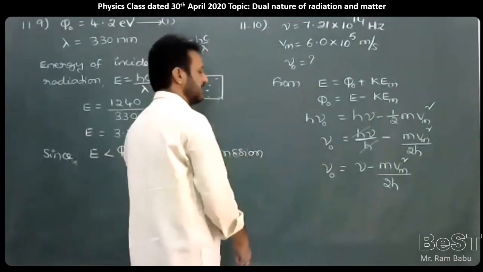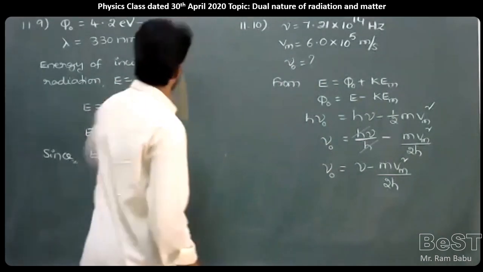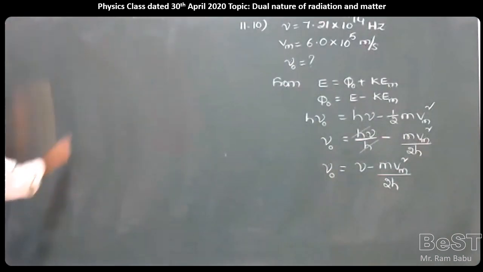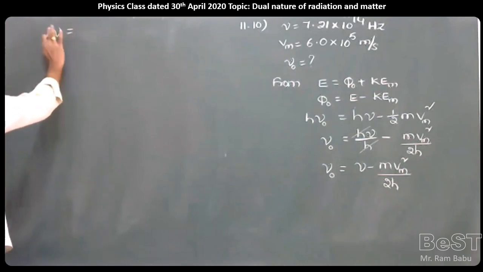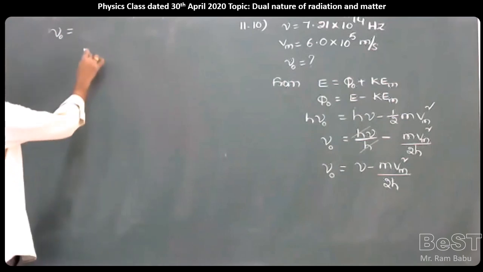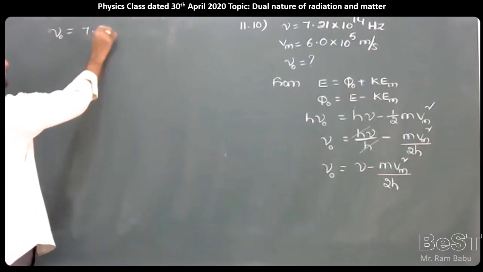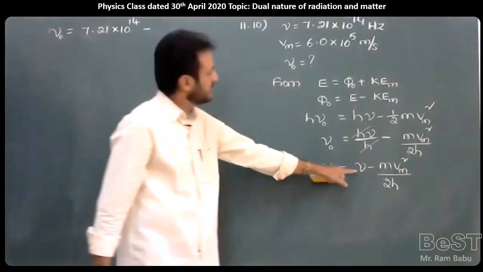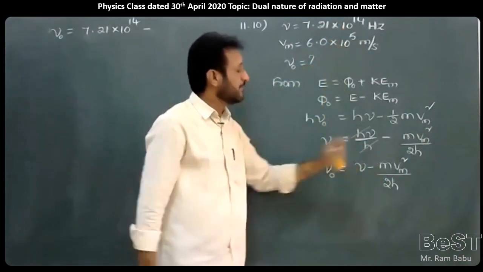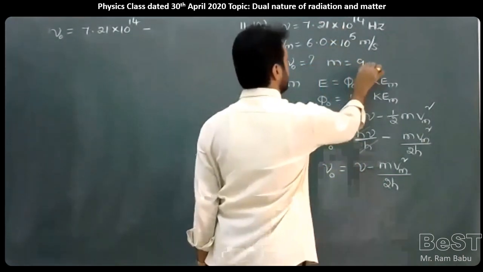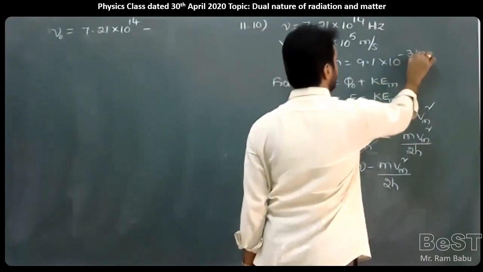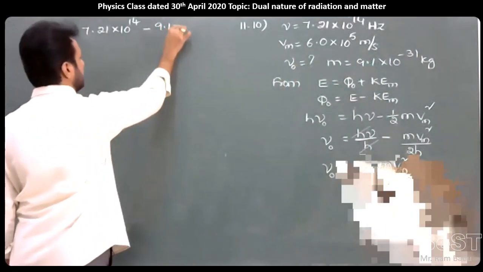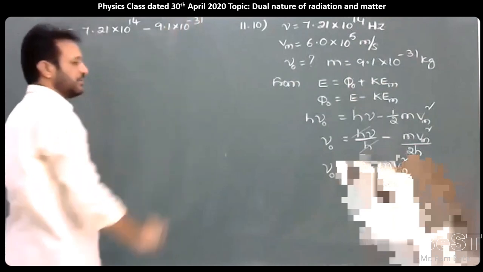Now I'll substitute the values here. Threshold frequency nu naught is equal to nu, already given, 7.21 into 10 to the power of 14, minus the mass of electron, which we know is 9.1 into 10 to the power of minus 31 kg, into v square.